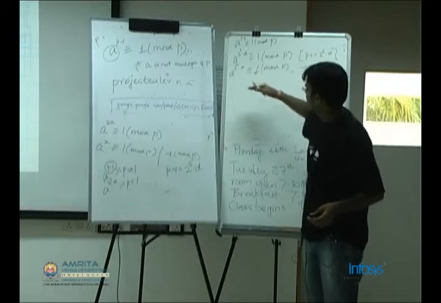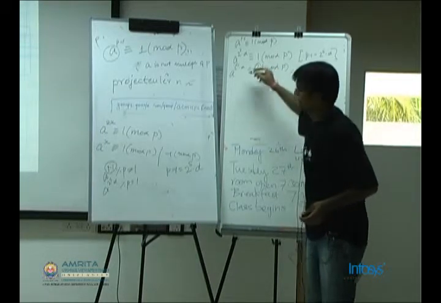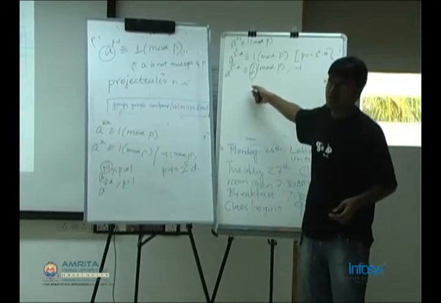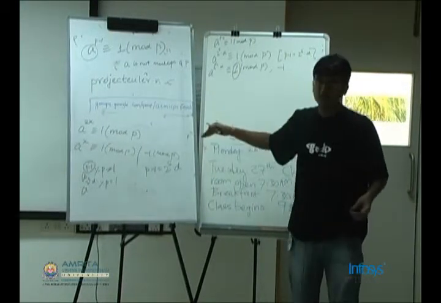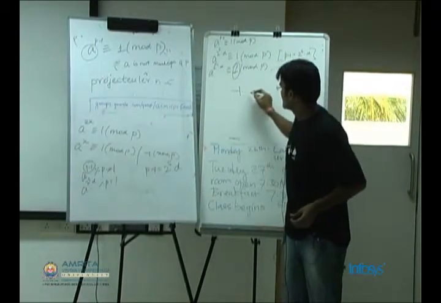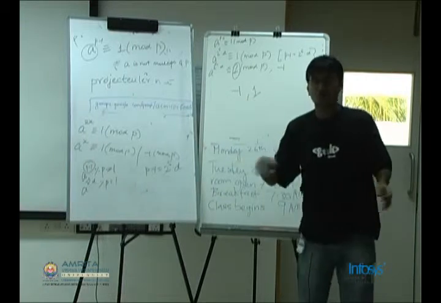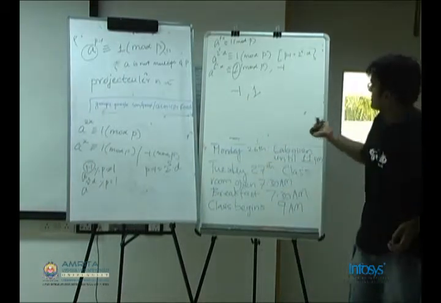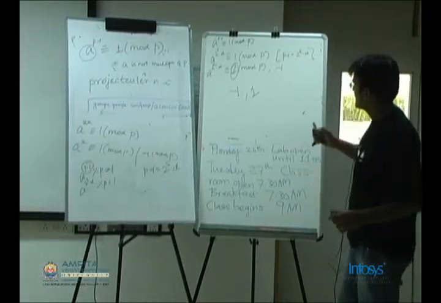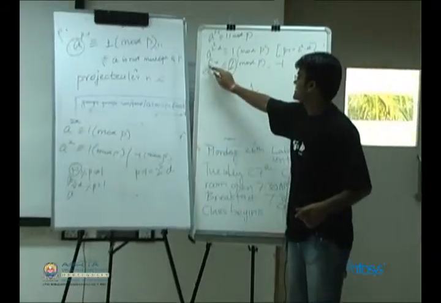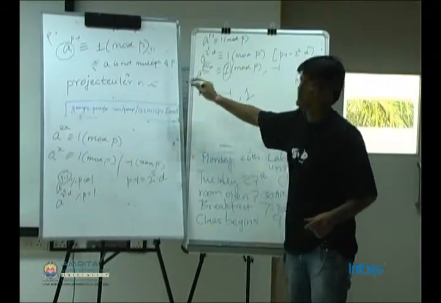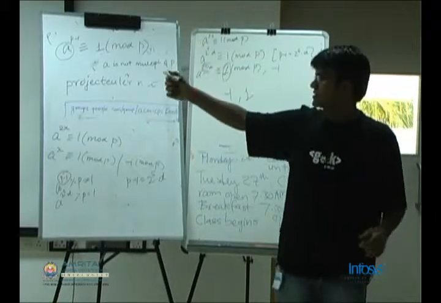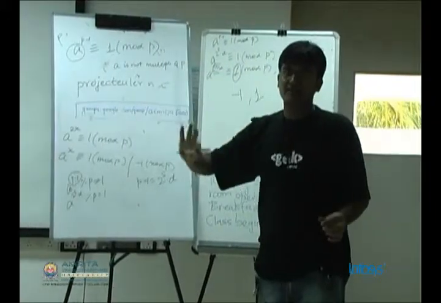We keep on halving the power as long as we have the mod as 1. The moment it changes from 1, it could either go to minus 1 or 1. If it goes to any other number, then it's not prime. Or we do this as long as we are left with a positive power of 2. Okay? So this is the basic idea of the Miller-Rabin test.